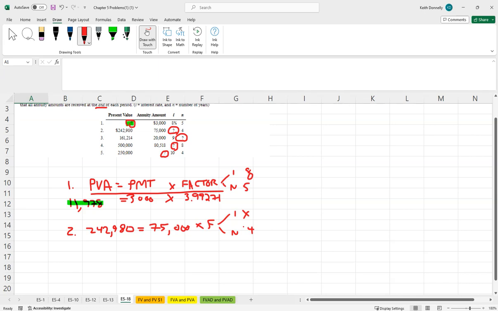So that's kind of like line item 1. You'll take the 242,980, it's just simple algebra, you move things over.